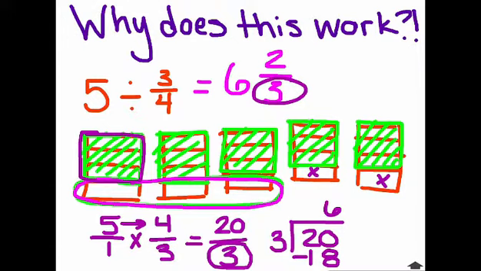And then 20 minus 18 gives us a remainder of 2. That remainder always goes back over our denominator and becomes our numerator. So 2/3 is the fraction. Now you can see that 6 2/3 we came to by either method.